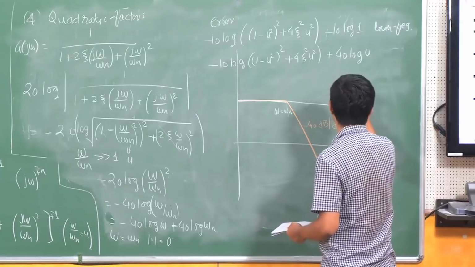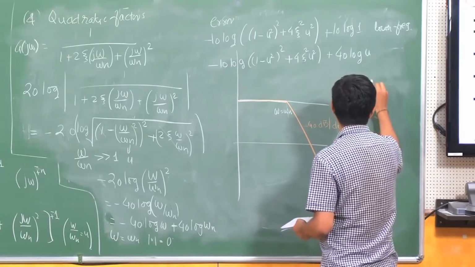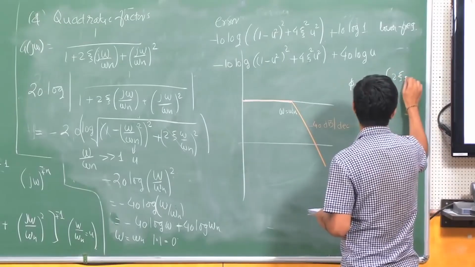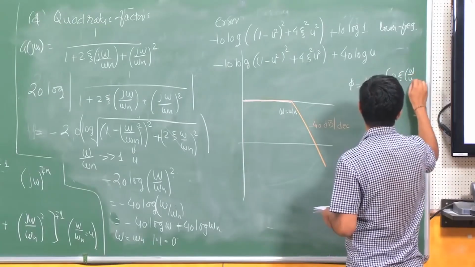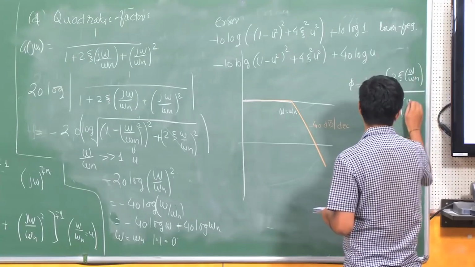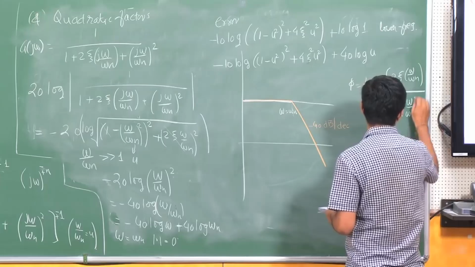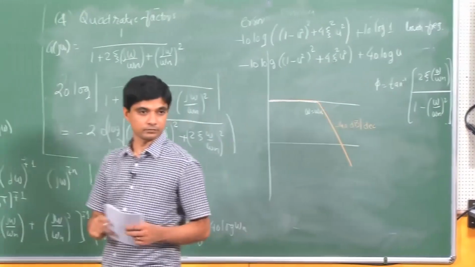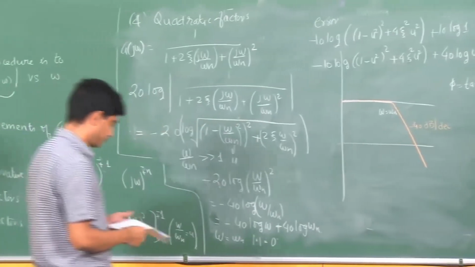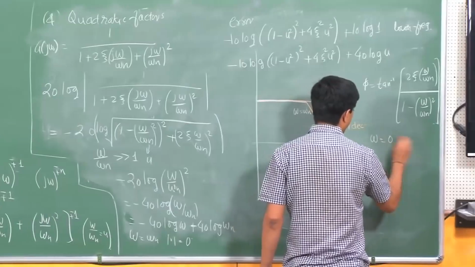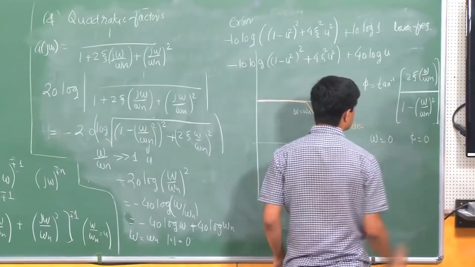The phase angle phi is tan inverse of 2 zeta omega over omega n over 1 minus omega by omega n whole square. When omega is 0, phi is 0.